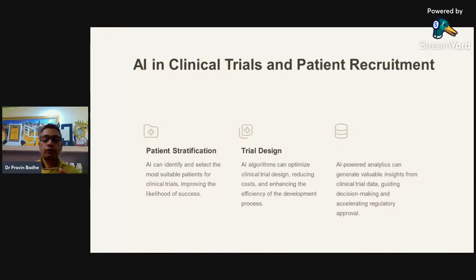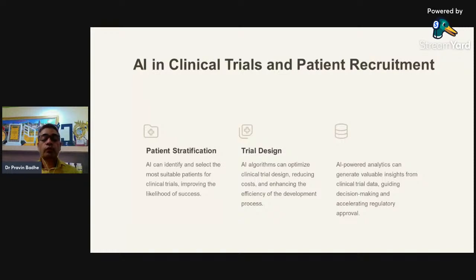But we are so used to the old method that optimizing a clinical trial design using AI is not getting into the minds of the students, and also some of the job seekers from the clinical trial field, because they are so used to the centralized clinical trial that they are not easily adopting AI to optimize the clinical trial.